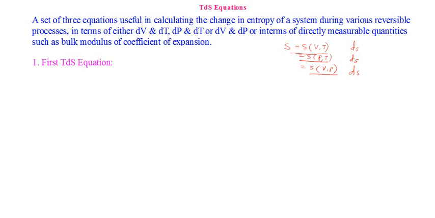When you multiply these equations with the temperature, it will give you three relations in terms of TdS, and we will see that the derivation of each of these relationships is quite resembling, and since they resemble each other, these are commonly known among students of thermodynamics as TdS equations.